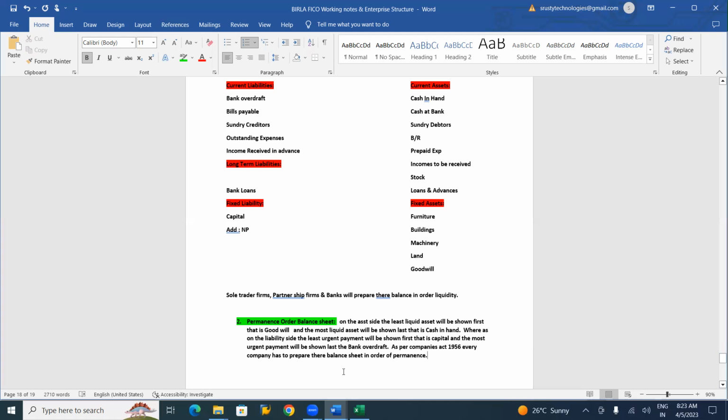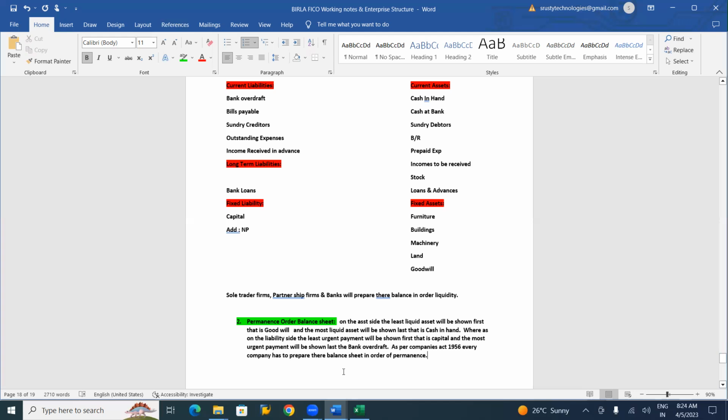If someone gives you a balance sheet on a piece of paper, first we need to check what kind of order it is. If current assets are first and fixed assets last, and current liabilities are first and fixed liabilities last, then it could be a bank, partnership, or sole proprietor balance sheet, not a company balance sheet.